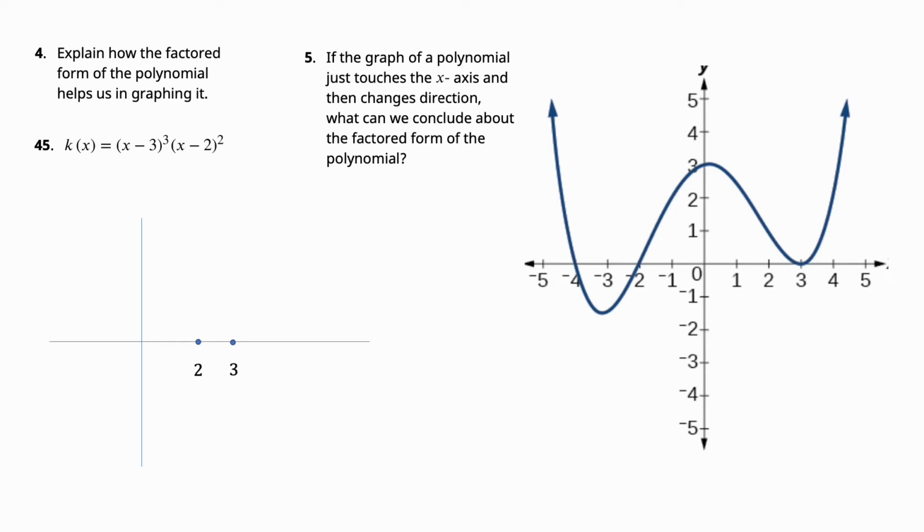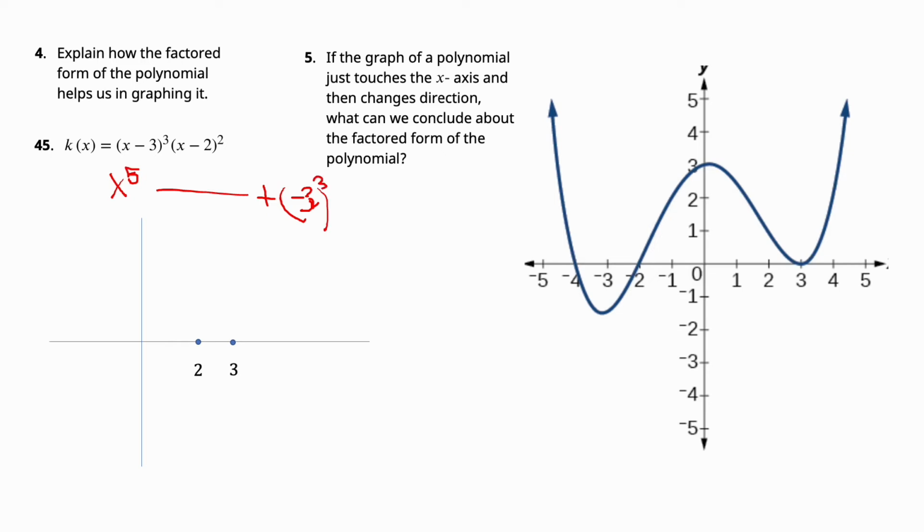I know that the lead coefficient would be 1, because if I took x cubed and x squared, my lead term is x to the 5th. Now, I could have a bunch of stuff in here when I multiply it out, but I know that the constant term, or the a0 term in a polynomial, is just plugging in zero. It's also the y-intercept.